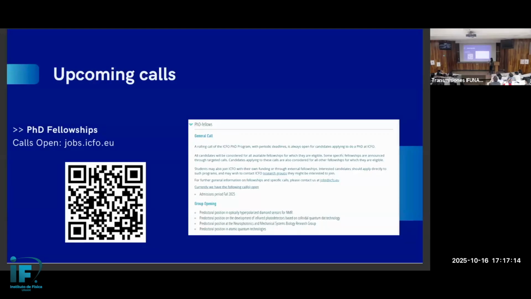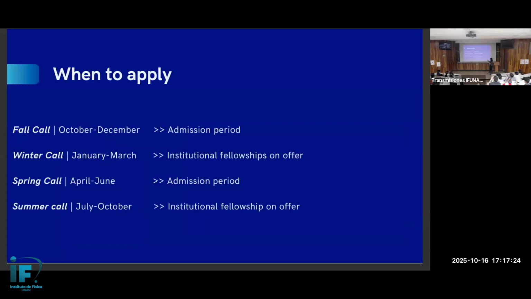Calls for PhD are open right now, so you can scan the code and check. But I would like to show these slides just for you to know that we have 4 calls per year available. The one open right now is the fall call, and then in winter there will be another one.